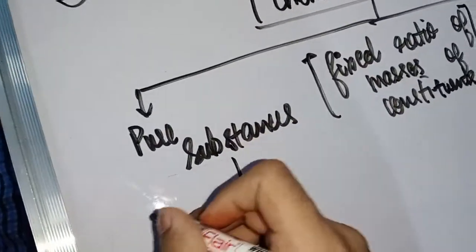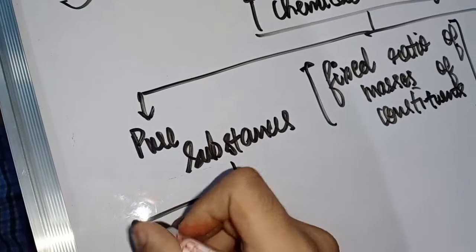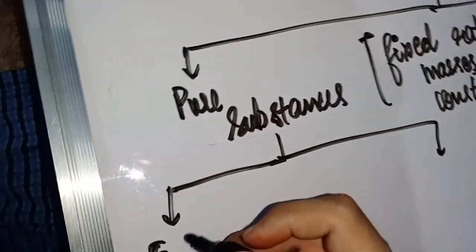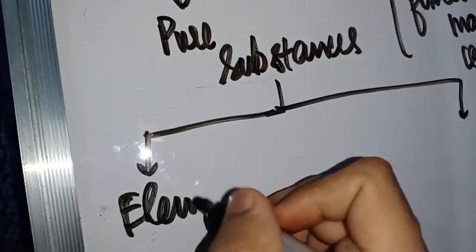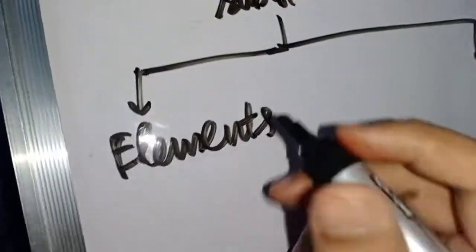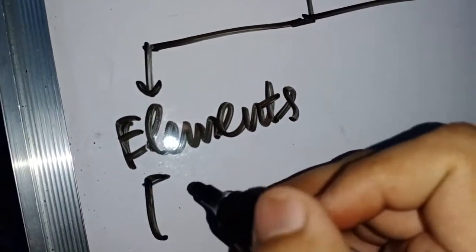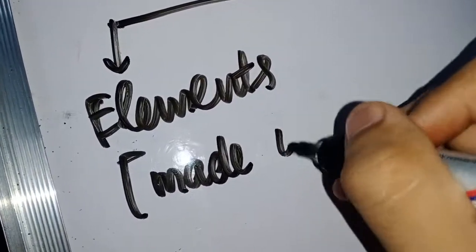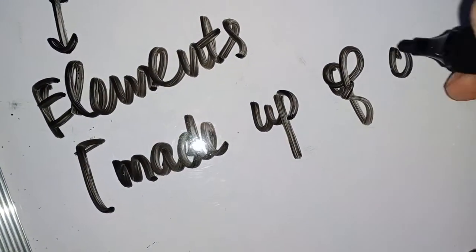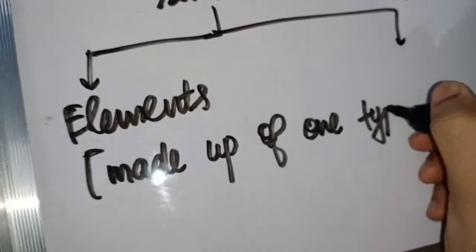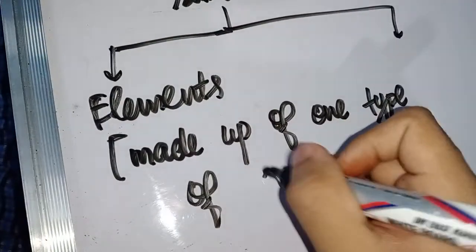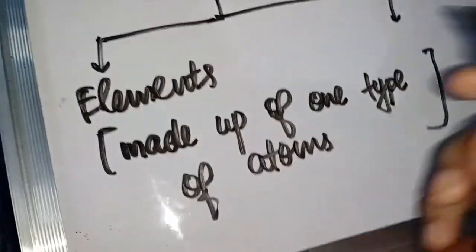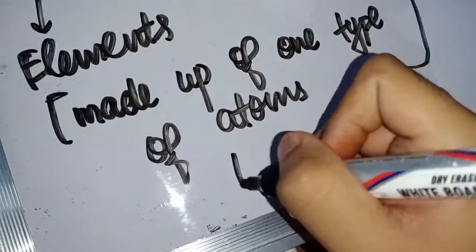So pure substances are of two types. The first one being elements. Now elements are the ones which are made up of only a single type of atoms. Single type of atoms means, like, you have iron.